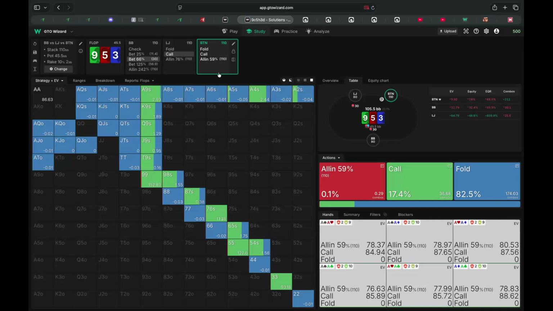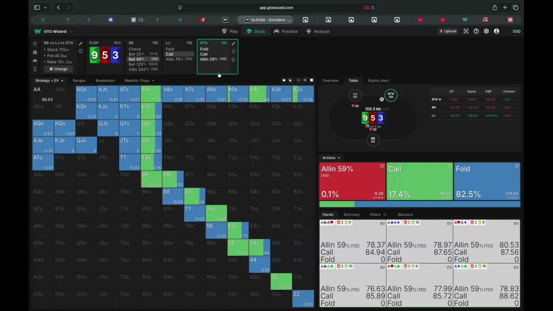I don't know why all of a sudden it changes from having a robust in position raising strategy to discarding that strategy on a rainbow texture. I would guess it just doesn't need as much protection. Most of the raises were flush draws, I think.